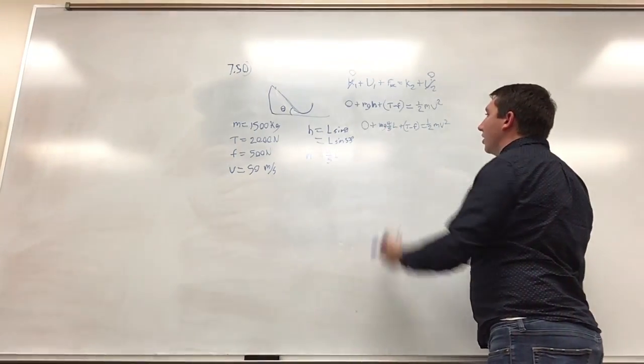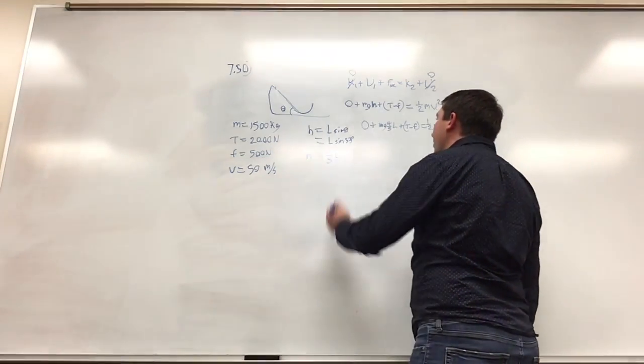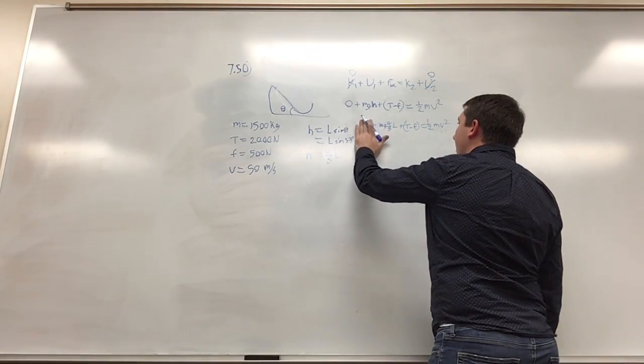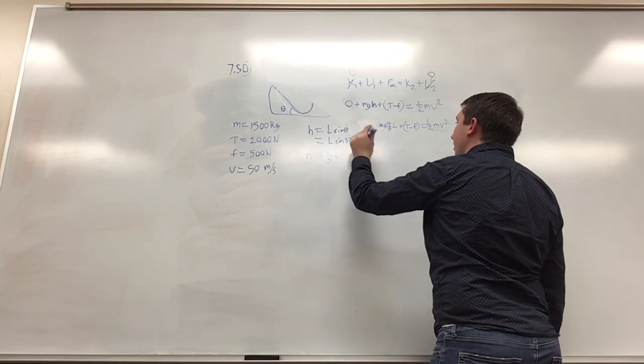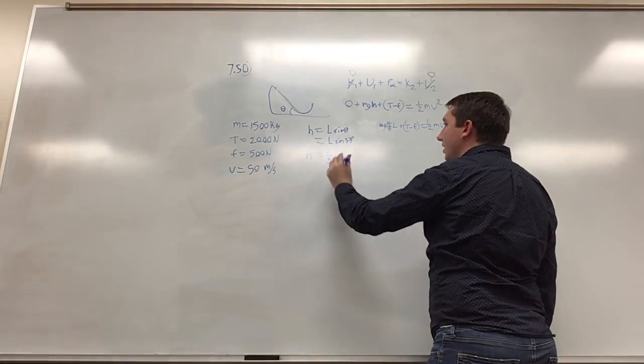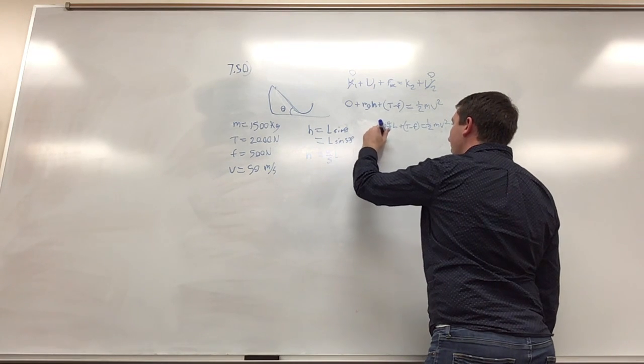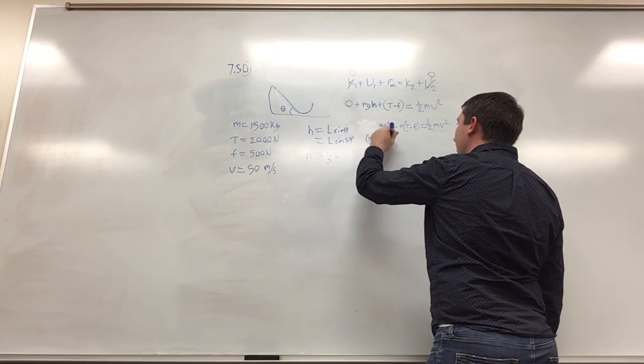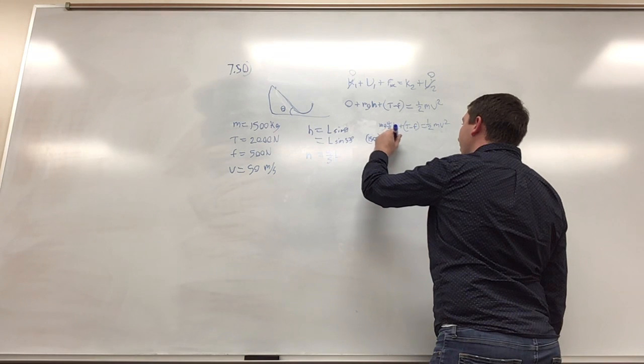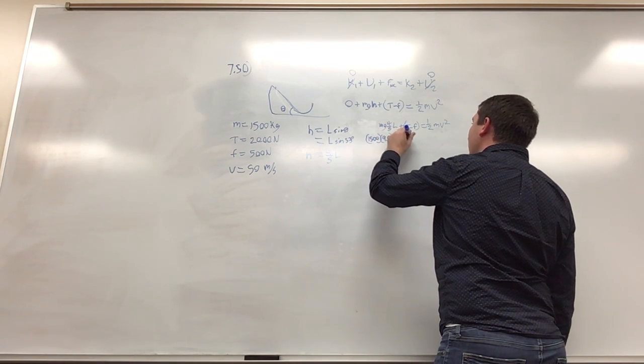So then we just have to solve for L. So we can kind of forget about the 0. Then we can add everything in. So 1500 times 9.8 times 4/5 times L.